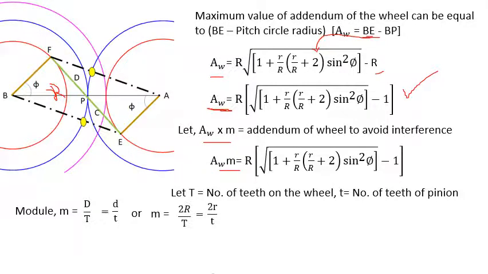Diameter can be written in terms of radius, so 2 times capital R divided by T is equal to 2 times small r divided by small t. Therefore, radius in terms of module and number of teeth can be written as capital R is equal to small m capital T divided by 2, or small r is equal to small m small t divided by 2. Wherever radius is there, I am going to substitute module times number of teeth by 2.